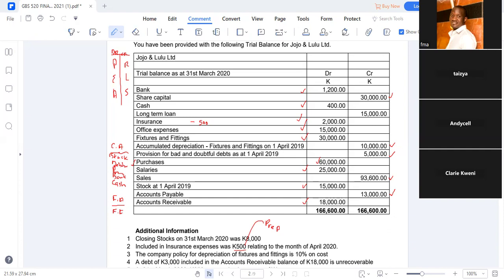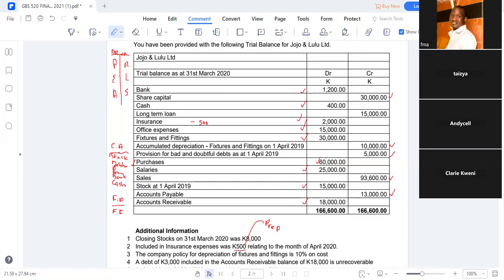So I had sent you the format of the income statement as well as the format of the balance sheet. So let me resend it.